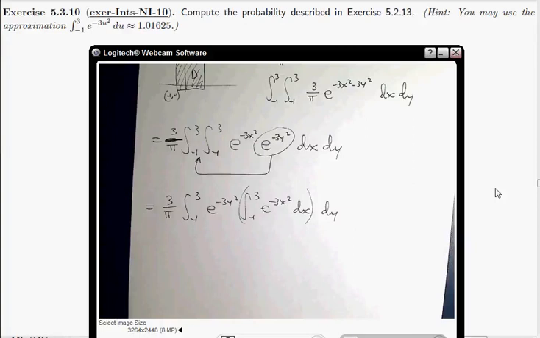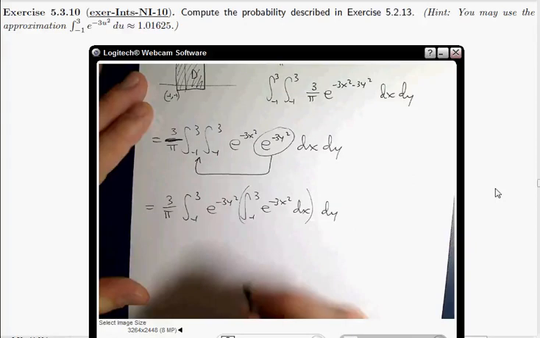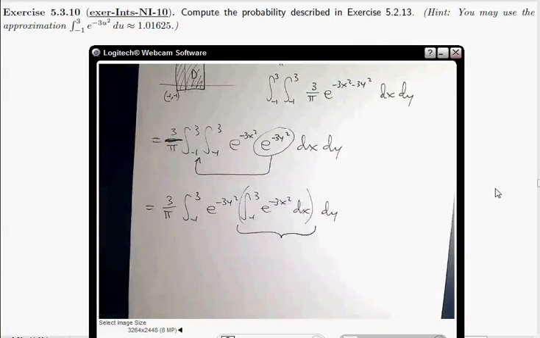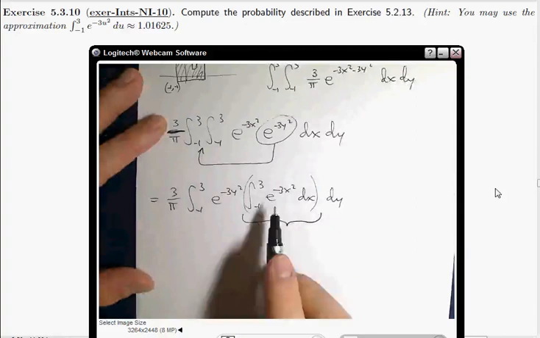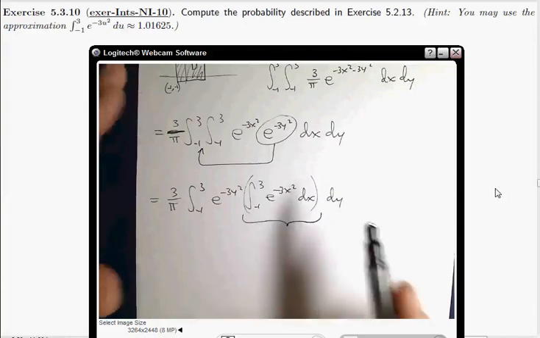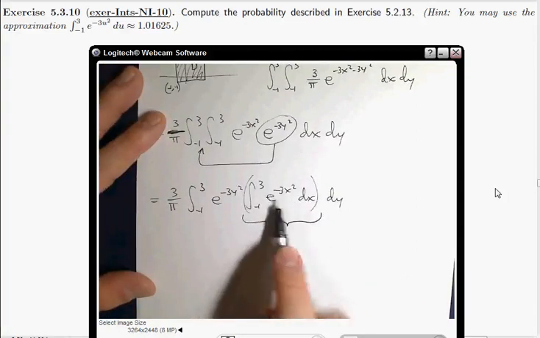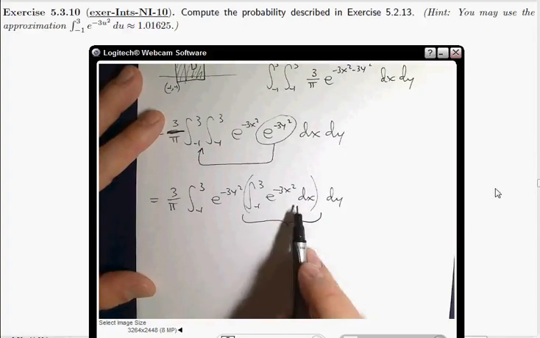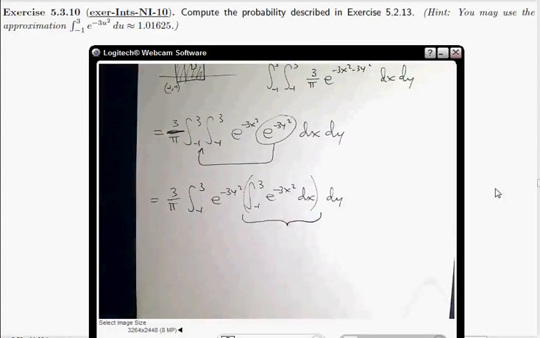Cool? Okay. Next thing, let's look at this expression. That's not even a function. That's an entire integral, right? The e to the negative 3x squared is a function of x, but we're doing an integral of that over a certain range of values. So this is just a number. It's not a variable or a function or anything.